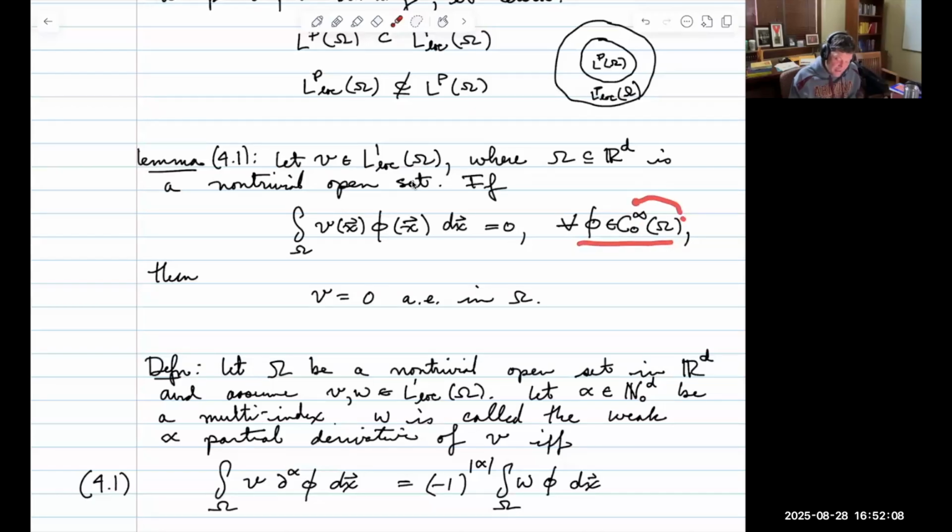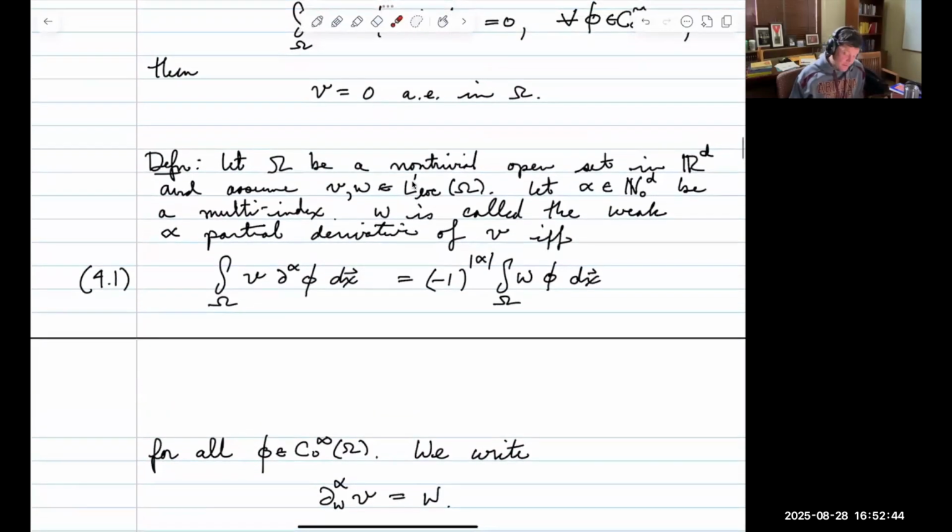Remember, I just defined this class of functions and I said, look, this class of functions is generally non-trivial, or at least I showed it's non-trivial for intervals. Then, if this happens, then it must be that v is almost everywhere equal to 0 in omega. I hope everyone knows about this notation, almost everywhere. It means that the statement that I'm making is true, except for a set of points that have at most measure 0.